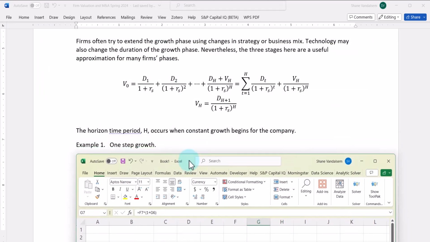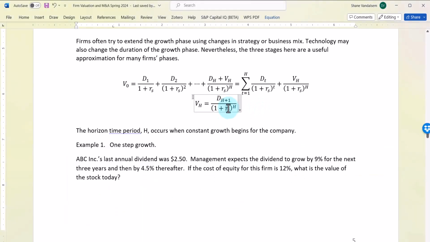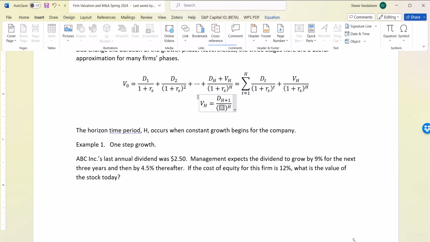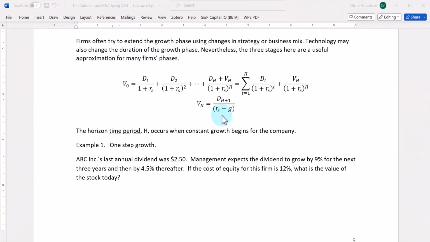I'm going to go back out here and look at the equation that I have. What the equation says, and I apologize, I need to make a correction here, is that the value at the horizon time period, time h, is equal to the dividend at time h plus 1 divided by the required rate of return minus the constant growth rate.